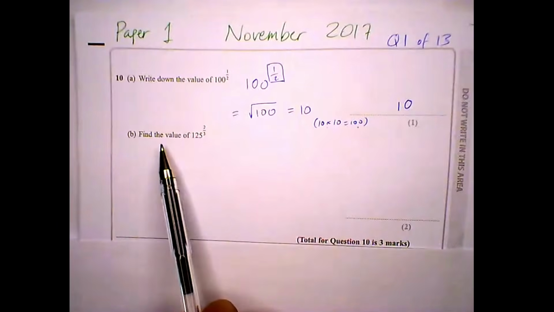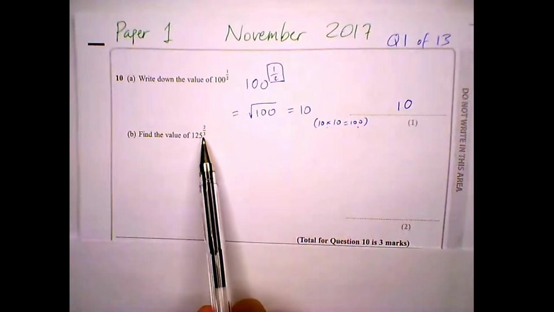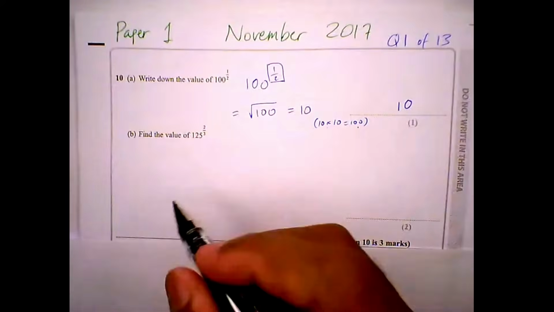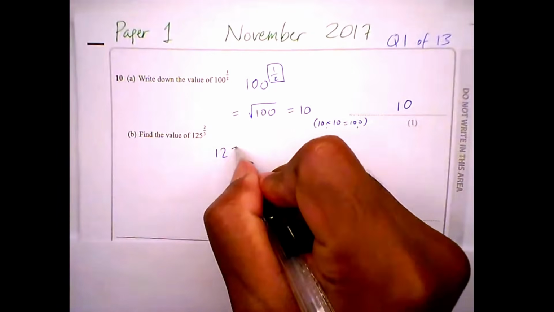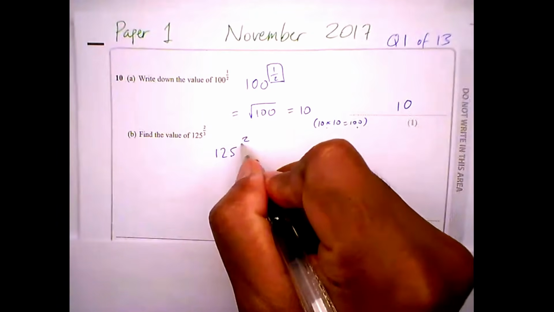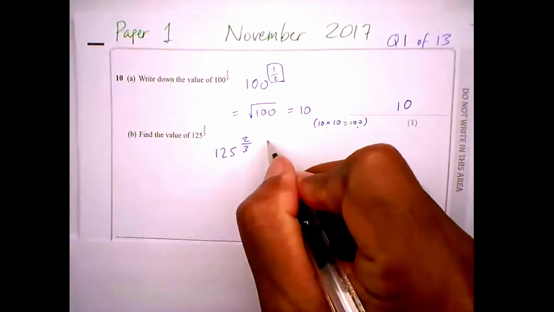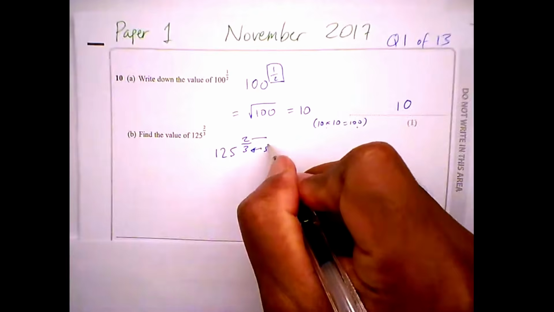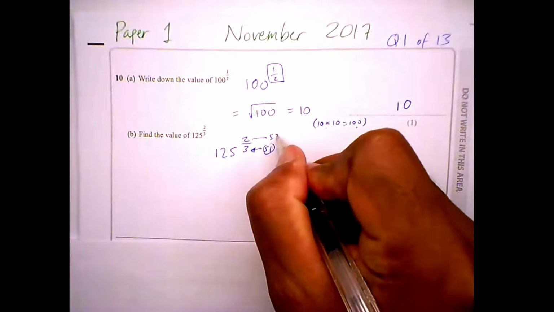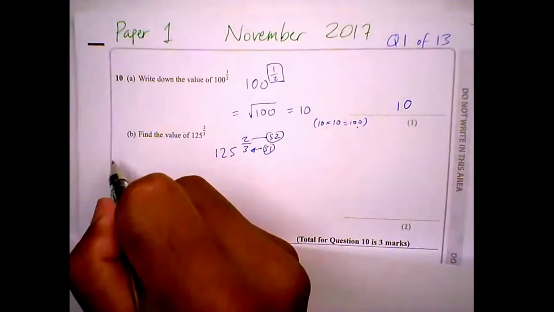Part B, find the value of 125 to the power 2 over 3. So step 1 is I work on the root, and step 2 is I raise it to the power. So let me write this out.